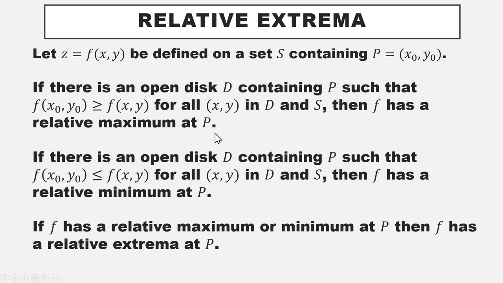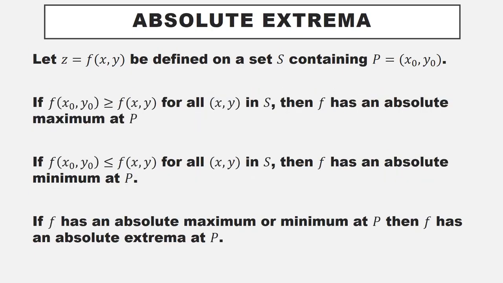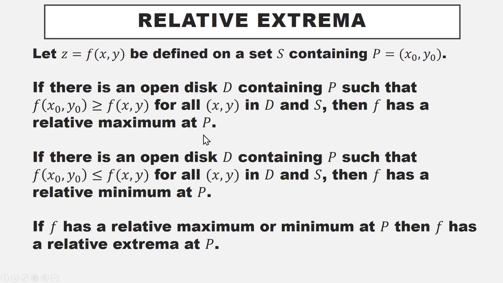So maximum or minimum can be relative or absolute. Absolute means it's the highest or lowest point amongst everywhere where we're defining it, everywhere in set S. Relative means it's the maximum or the minimum around a small area, some open disk.